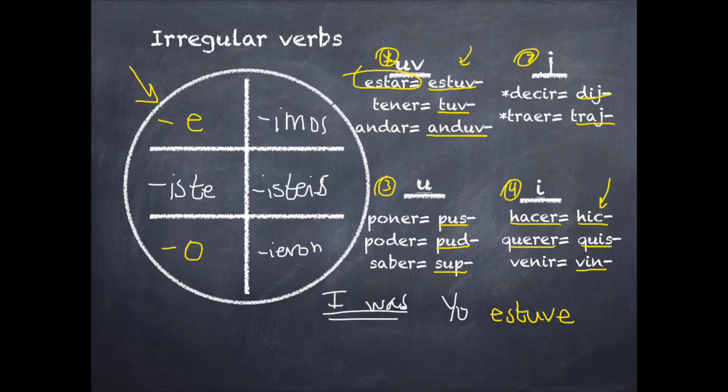Estuve, yo estuve. And it's going to follow suit throughout all of these conjugations. Every single last one of them, that root is going to be estuv. The same thing with tener, andar, poner, poder, saber, hacer, querer, venir, decir, traer. That's what's going to happen. Okay? Later on, we'll do some practices.